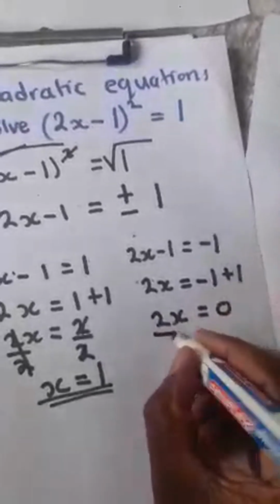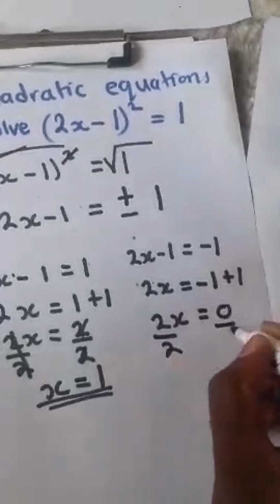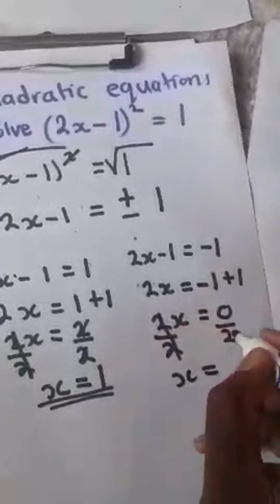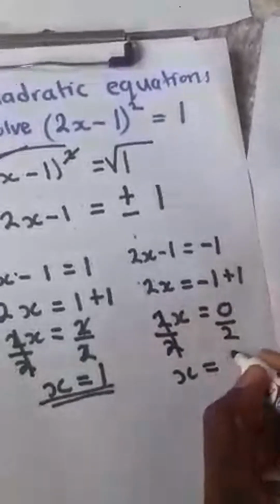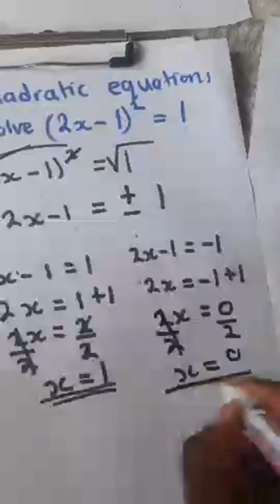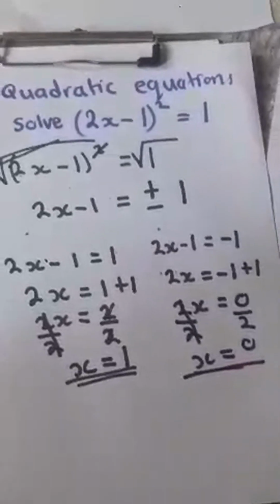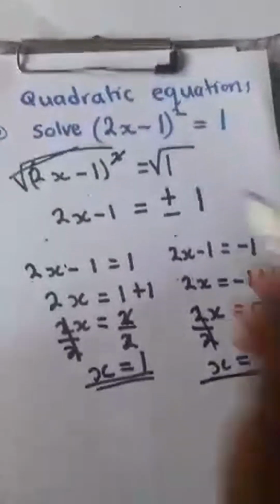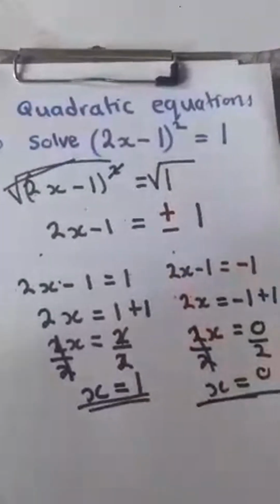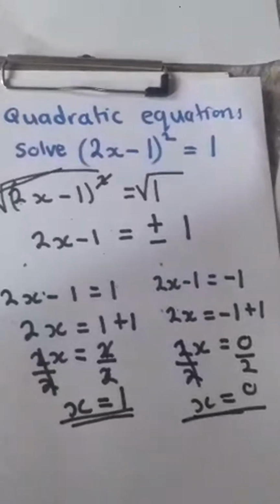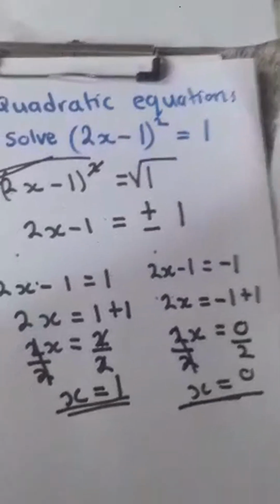Then we divide by 2, and x is equal to 0 divided by 2. We get a 0. So the two values of x are 1 and 0 from our quadratic equation, which is (2x minus 1) squared is equal to 1.